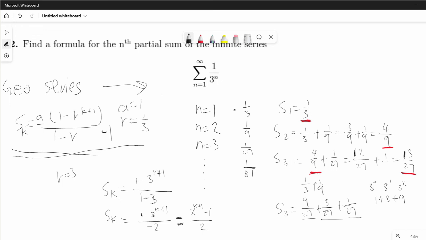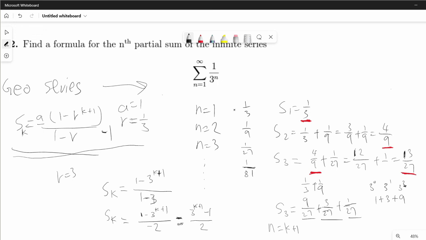For 3, that means that the relationship between n and k is that n equal to k plus 1, or n minus 1 equal to k, because we have 3 for n, but the k amount that we're calculating really reaches up to only 2.